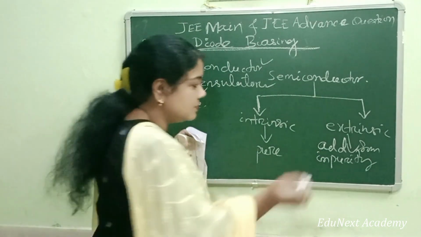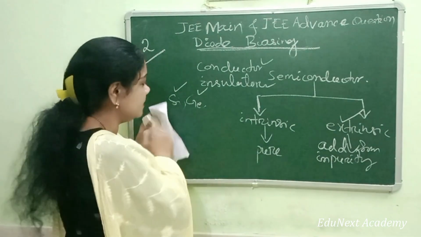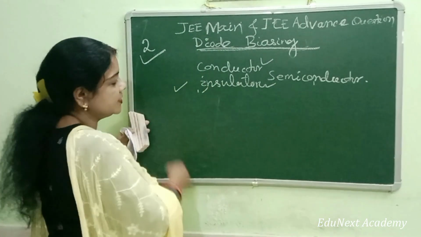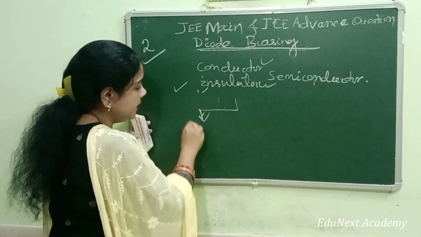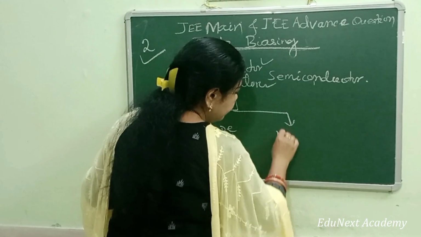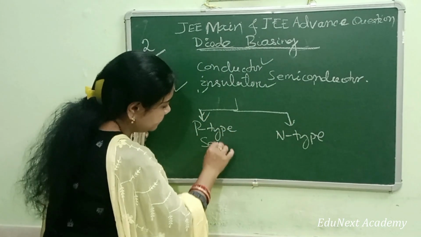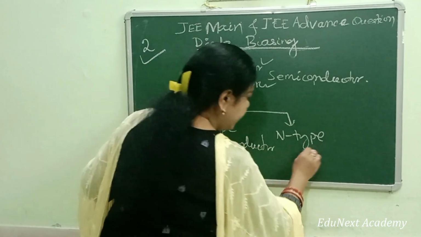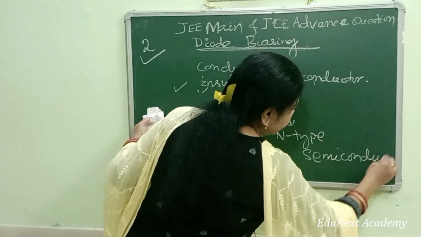So now we are going to discuss the extrinsic semiconductor. Extrinsic semiconductors are of two types, that is P type semiconductor and N type semiconductor.